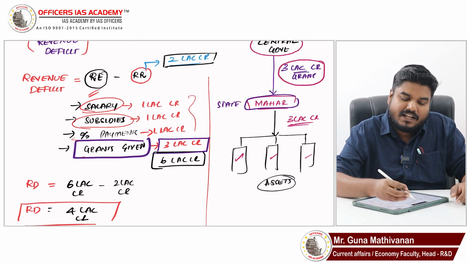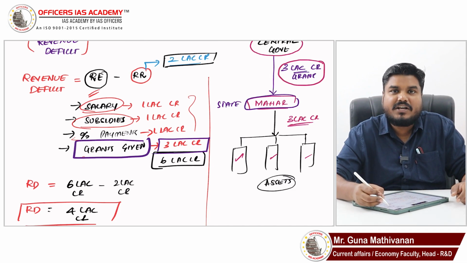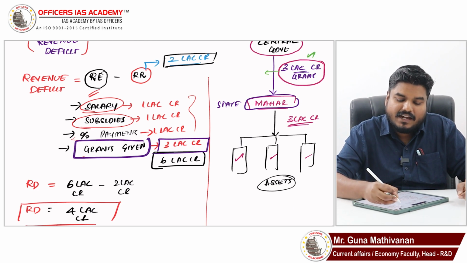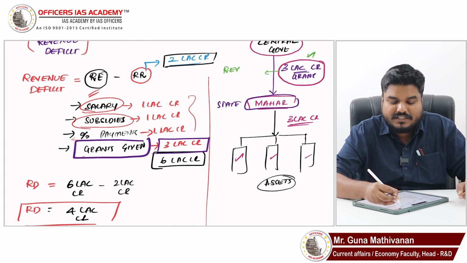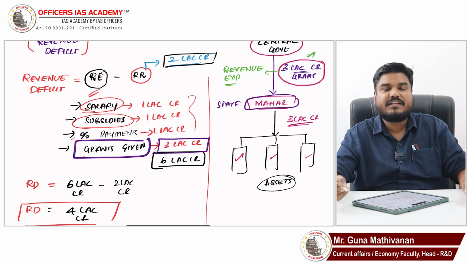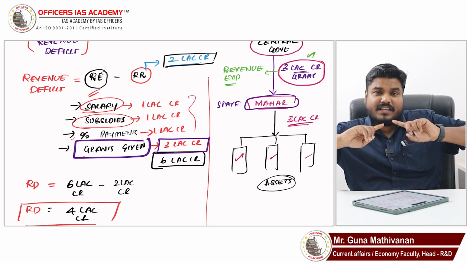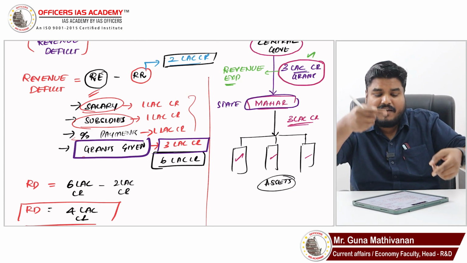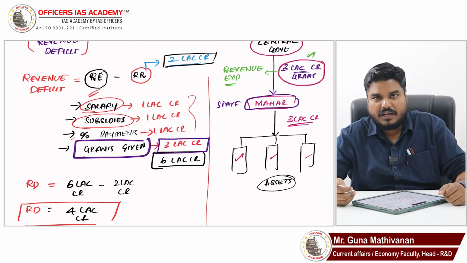So when the central government is giving this 3 lakh crore rupees to Maharashtra, that is revenue expenditure for the central government. Yes or no? One way expenditure, grants given. That is going to be revenue expenditure. Got it?